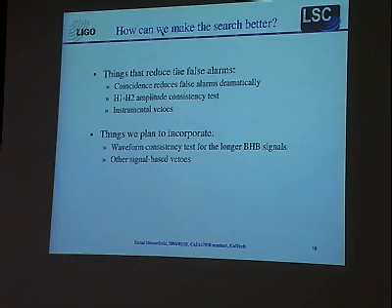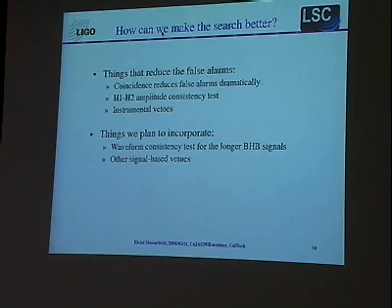So we have longer signals and we can do this test for them. We're also looking at other signal-based vetoes that we can apply and again reduce our false alarms. So that's the direction that we're headed.